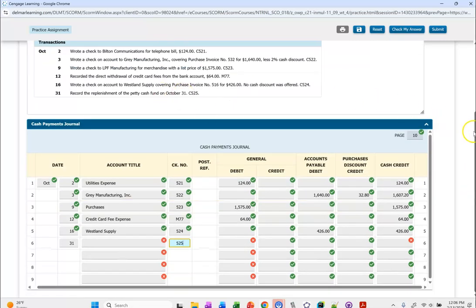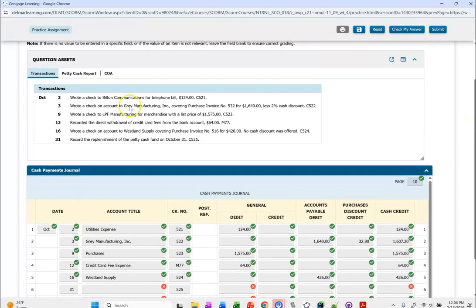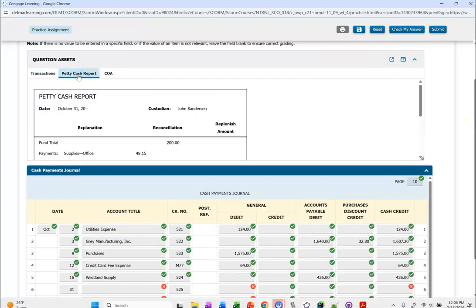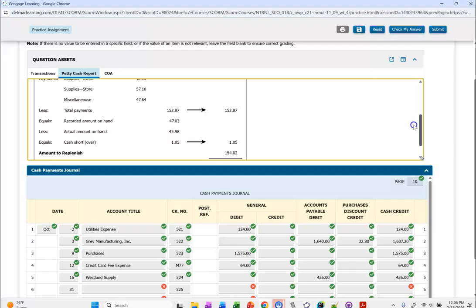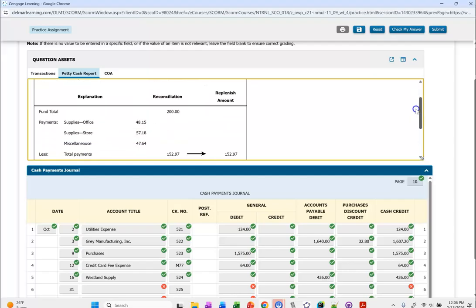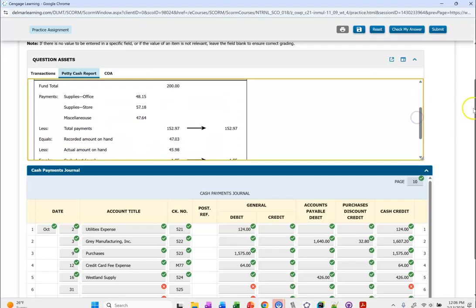Now to figure out how to fill in the rest of this, I need to look at my petty cash report to see what I'm paying for. It's not petty cash, it's going to be these accounts, which is what I use the petty cash for.